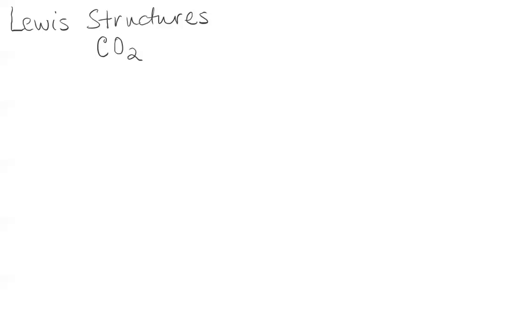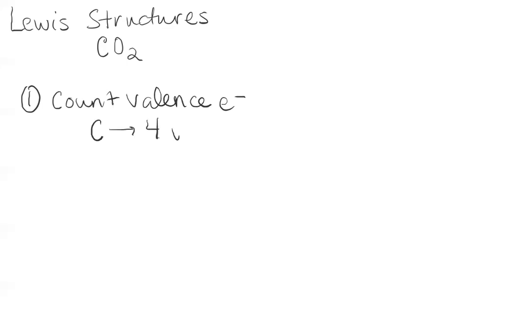First thing, I'm going to go stepwise, is to count valence electrons. We already talked about how to count valence electrons in the video that I did on chapter 9, section 1. When you look at the periodic table, carbon is in the fourth group, and so it has 4 valence electrons.